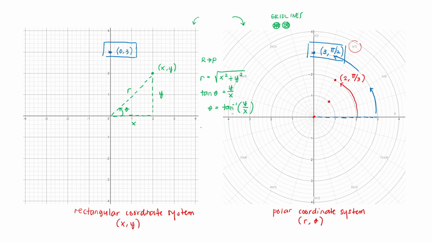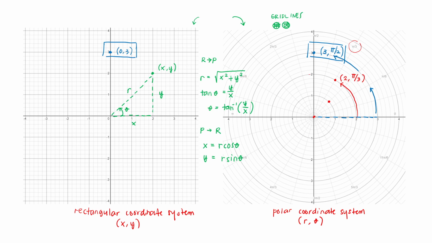So how about polar to rectangular? Since we are given the r and the theta values, what we need to do is look for the x and y components. So the shortcut is this will be the formula: r cosine theta, that's your value of x, and for y it is r sine theta.